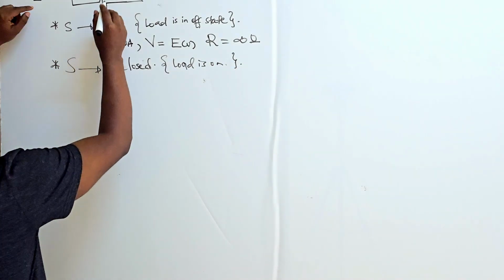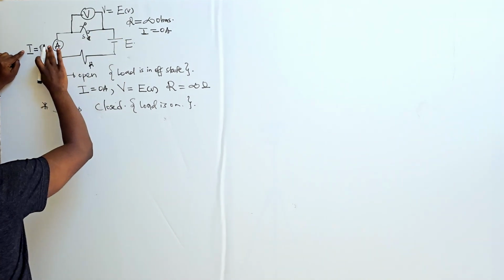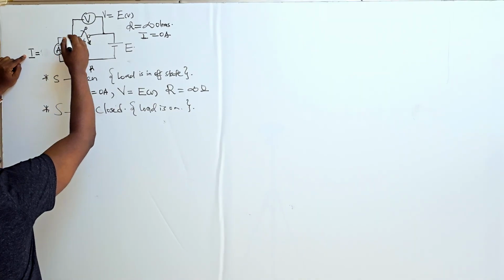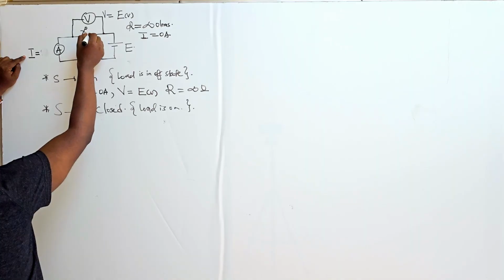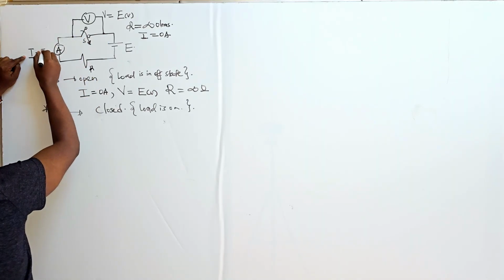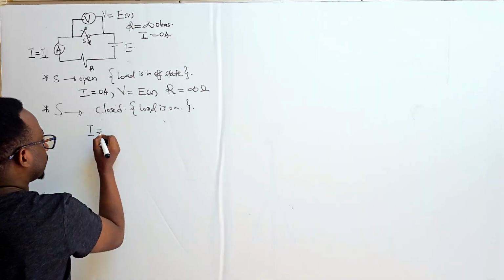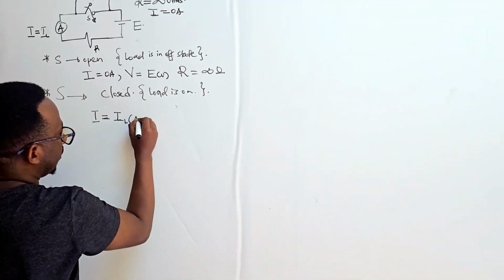So in that scenario, amps are no longer equal to 0. There is a certain current flowing through the switch, and that is equal to IL. The current measuring device is giving us some amperage. I'm calling it IL amps.